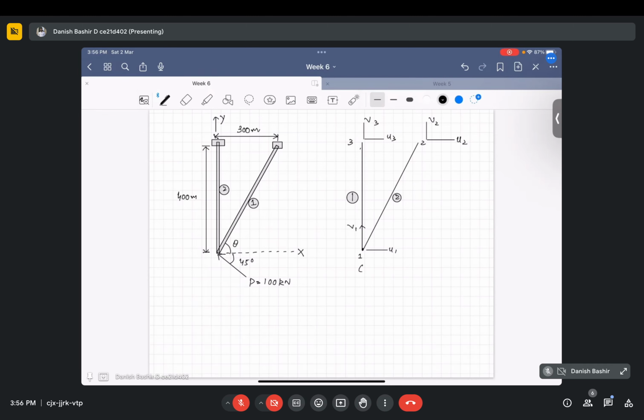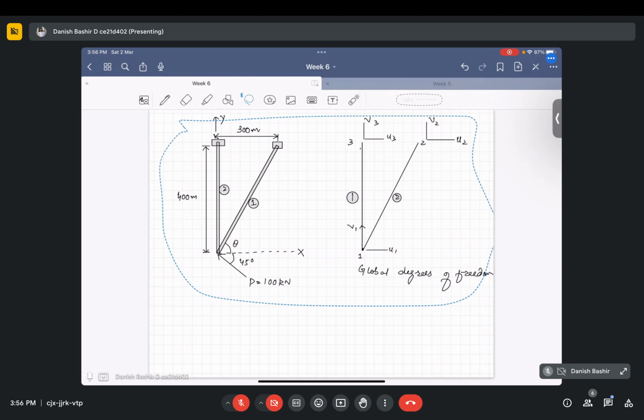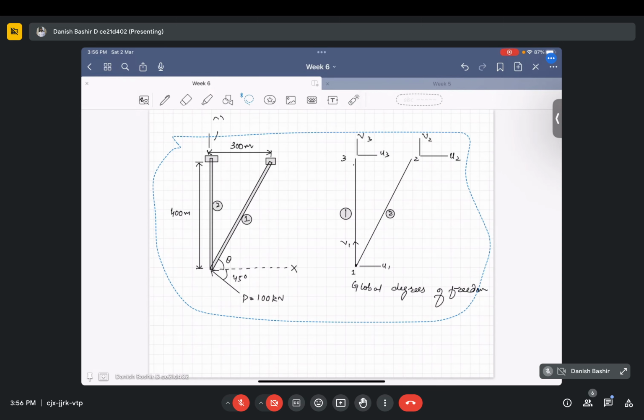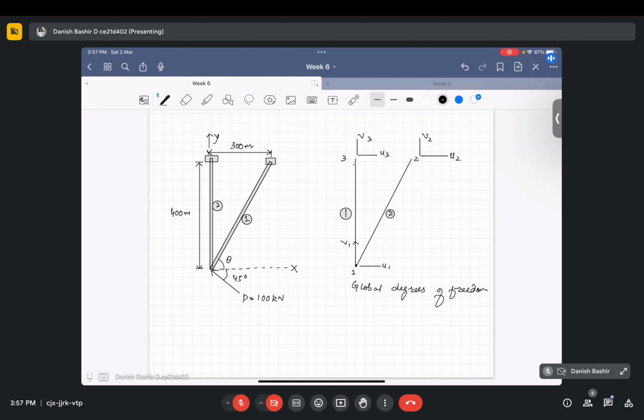These are global degrees of freedom. Okay, actually this is problem 2. This is global y.